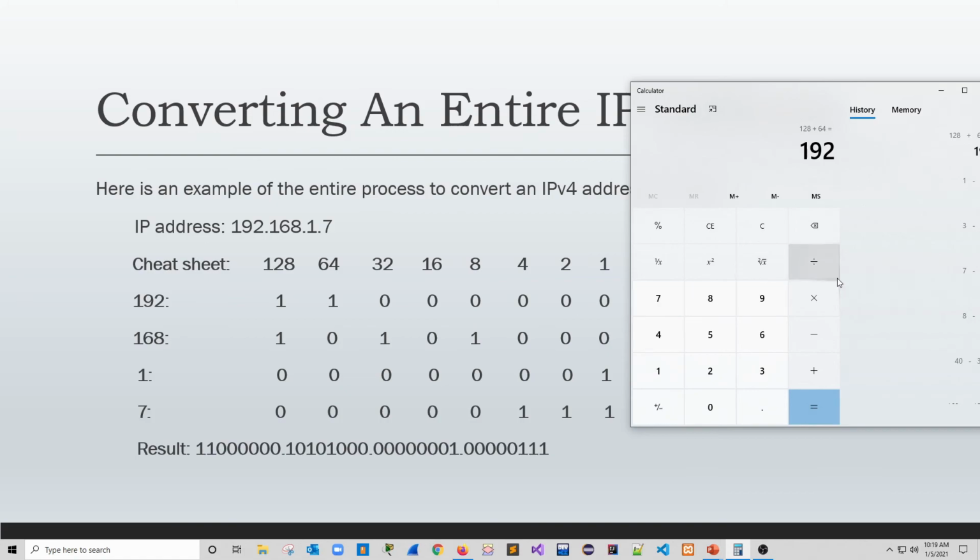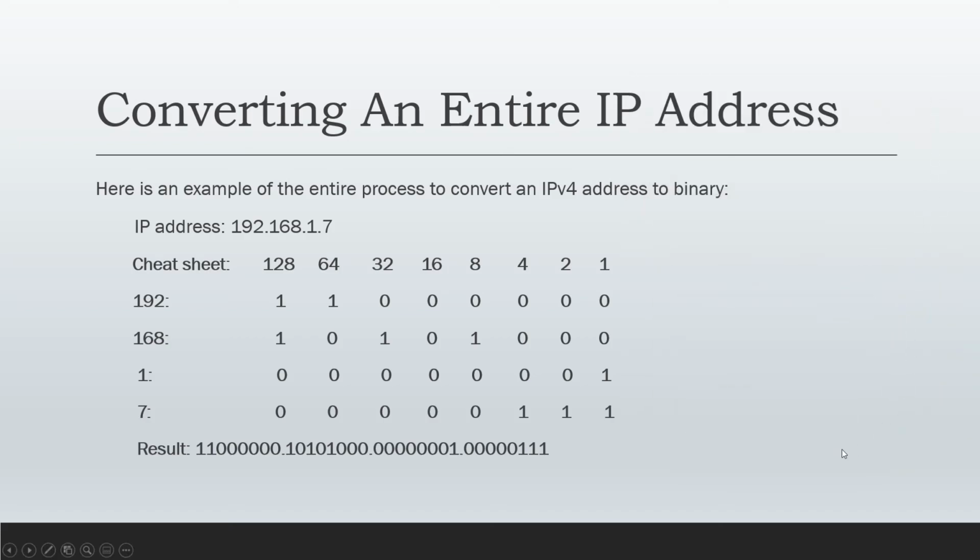In this instance, 168 here, if we only had the binary number, we could say 128 plus 32 plus 8 is 168. So hopefully that helps make sense of it all.